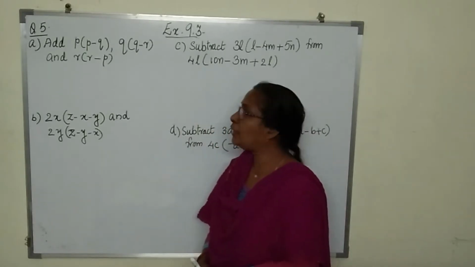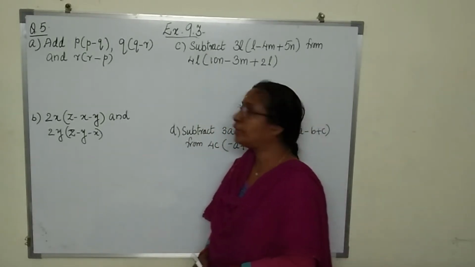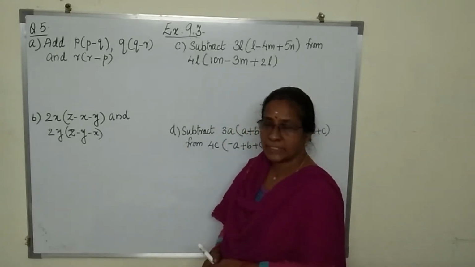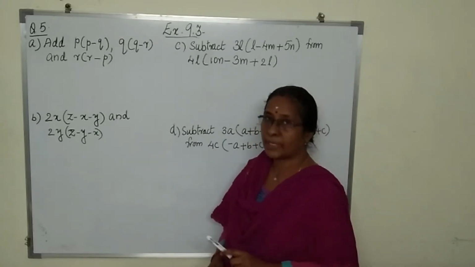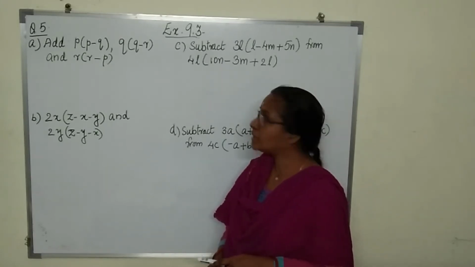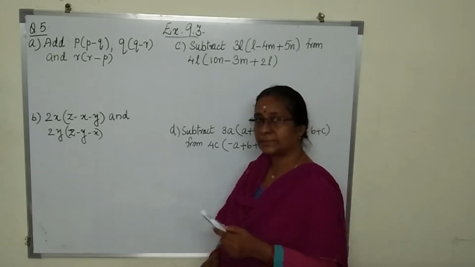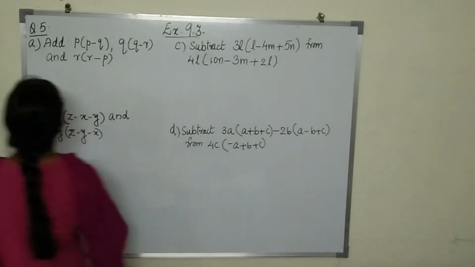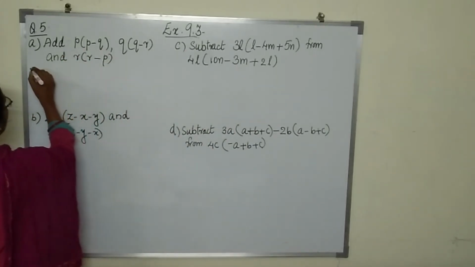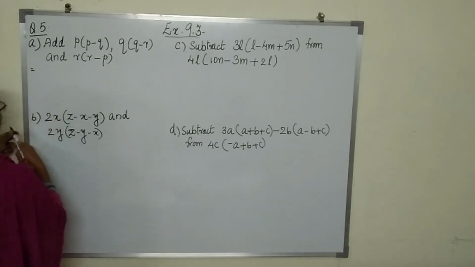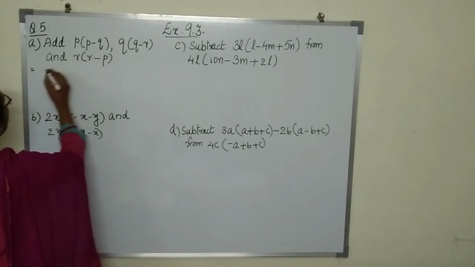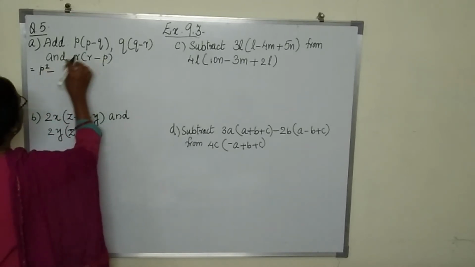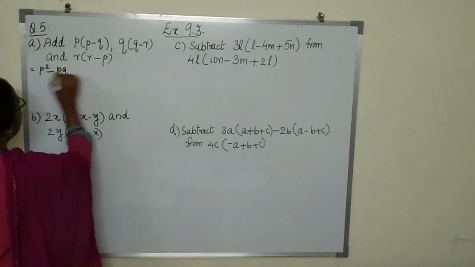Add P into P minus Q, Q into Q minus R and R into R minus P. So here two operations are there. What are the two operations? Multiplication and then addition. So first let us multiply. P into P minus Q is P square minus PQ.